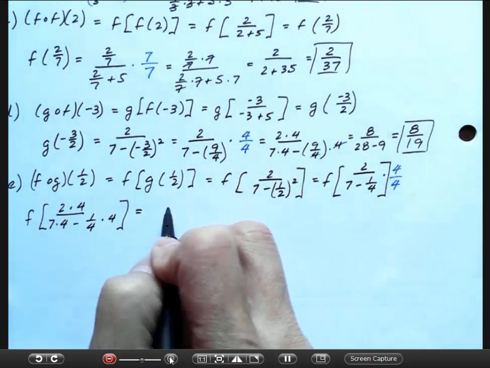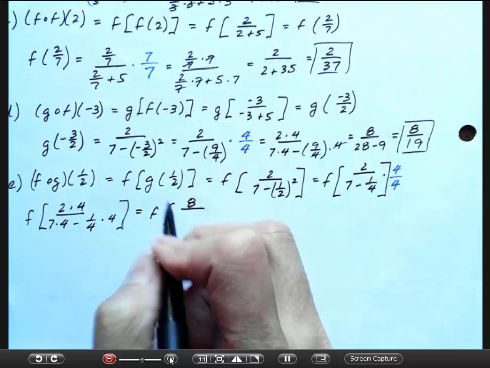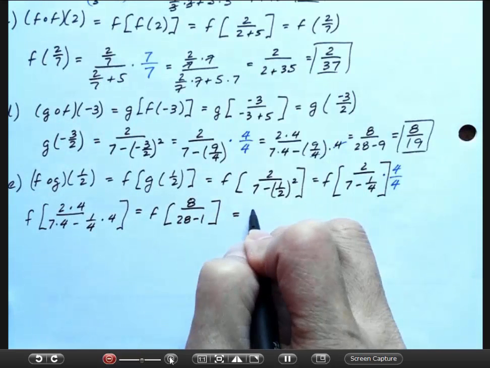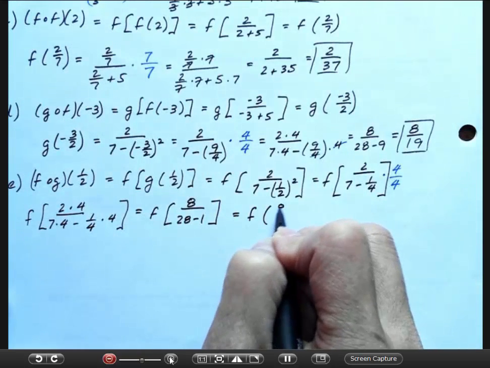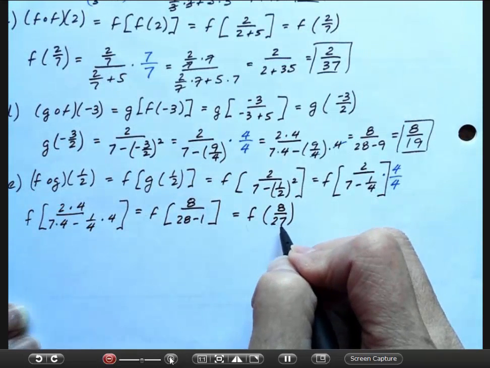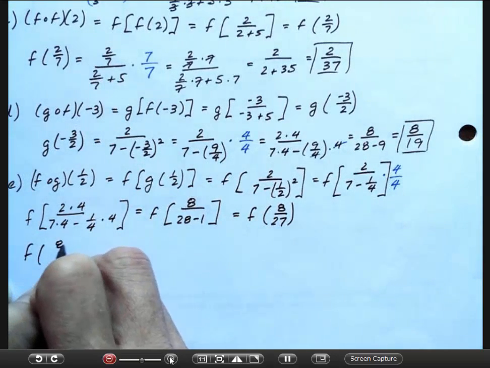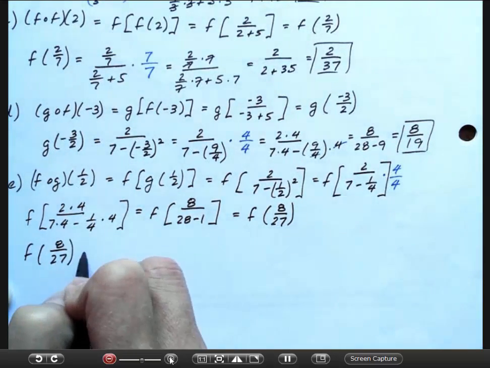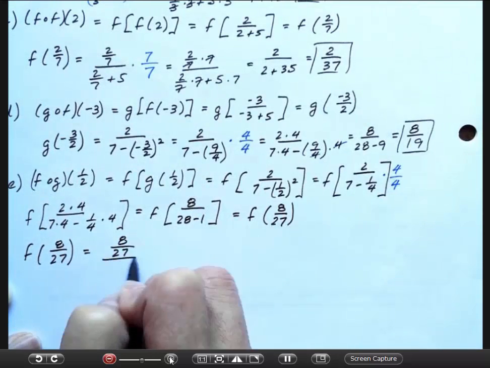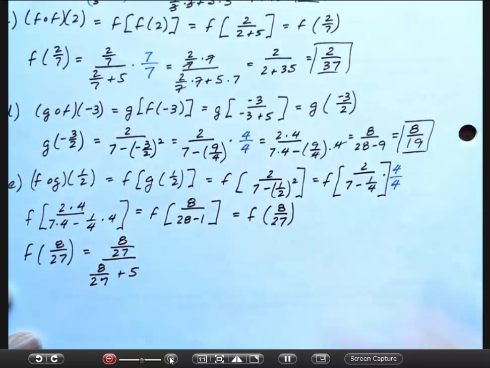So this ends up giving me f of 8 over 28 minus 1, which gives me f of 8 over 27. Now I'm going to put 8/27 into my f function. So f of 8/27 gives me 8/27 over 8/27 plus 5. And I want to simplify this.